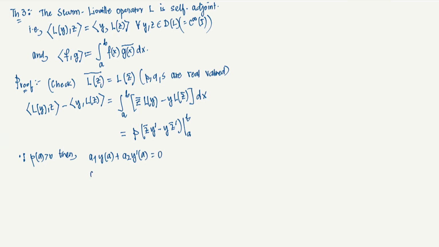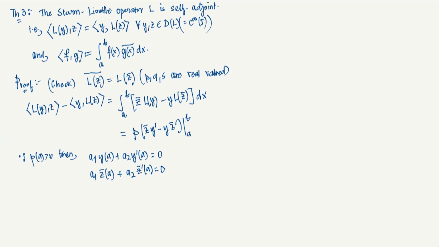And similarly, A1 times Z bar of A plus A2 times Z bar prime of A is 0. That's just a boundary condition; for Y and Z bar, we are just writing it like this.